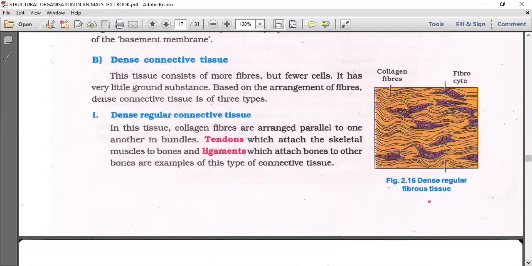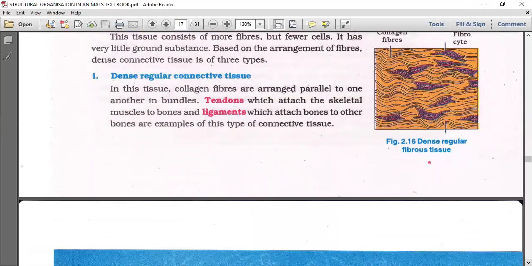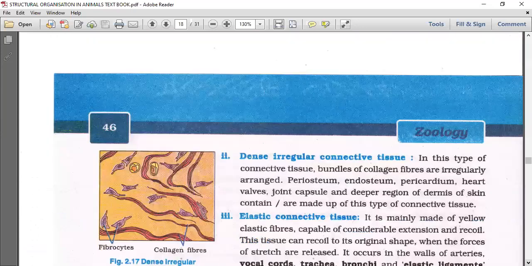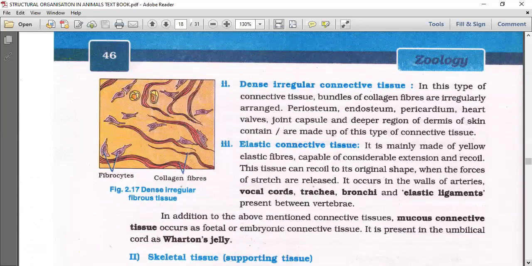The tendons and ligaments, with tendons which attach skeletal muscle to bones, and ligaments which attach bones to other bones, are examples of this kind of connective tissue. Dense irregular connective tissue: here, periosteum, endosteum, and pericardium, heart walls, joint capsule, and deeper region of the dermis of skin are made up of dense irregular connective tissue.